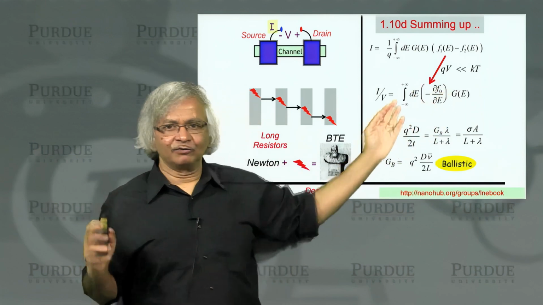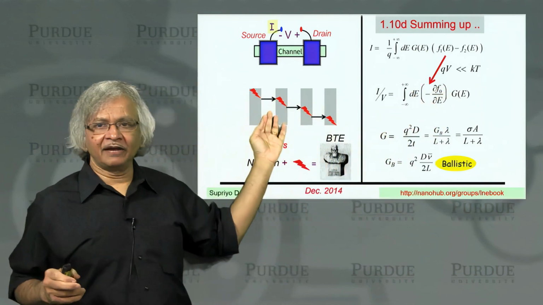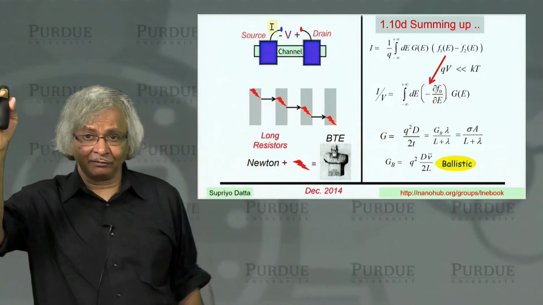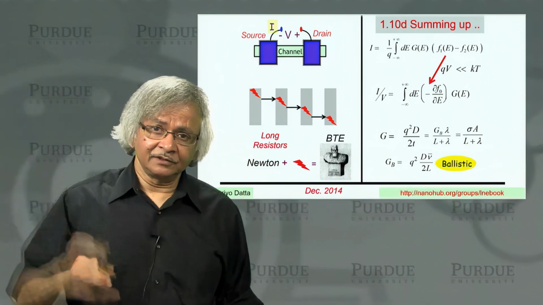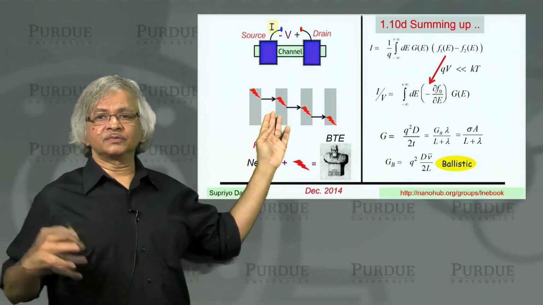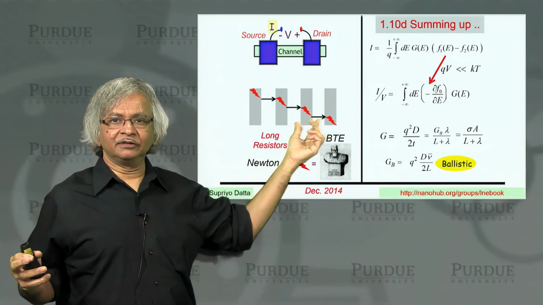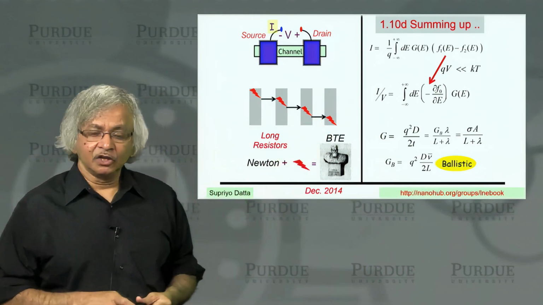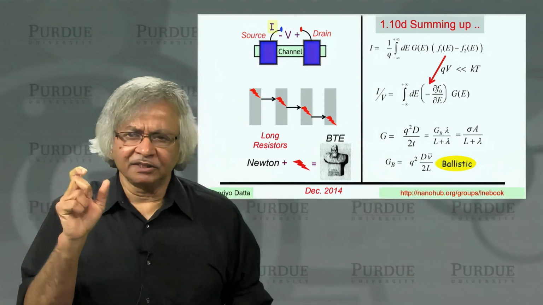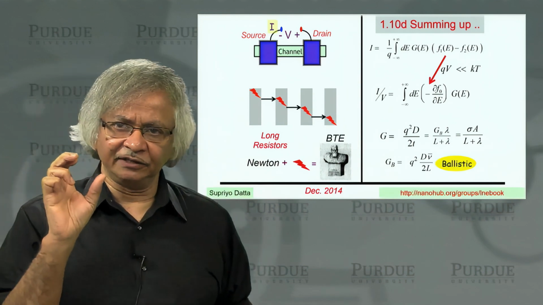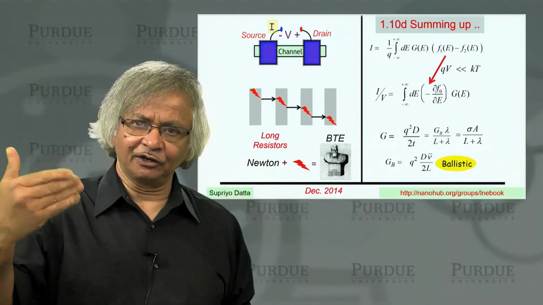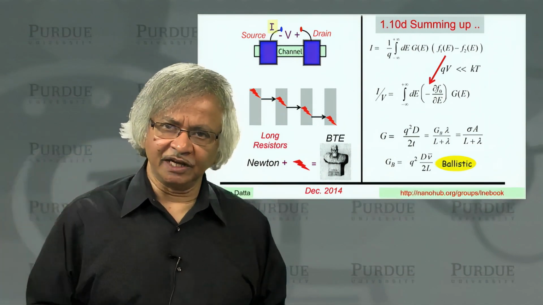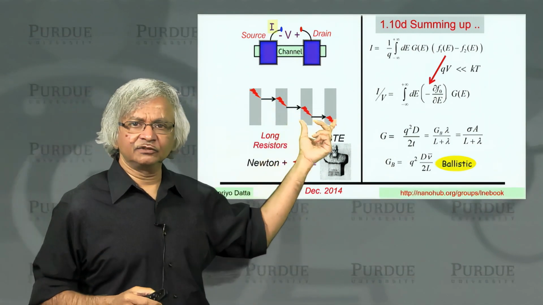And that is where you have to remember that when you have a long resistor like the one you buy from Radio Shack, in order to apply this point of view, you have to break it up into little resistors. And the length of each section should be much less than an inelastic scattering length, the length that an electron traverses before losing energy. So you should use a relatively short section.